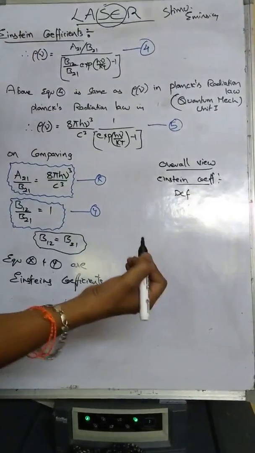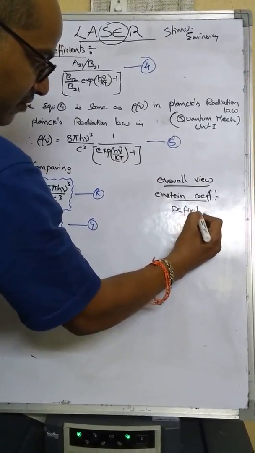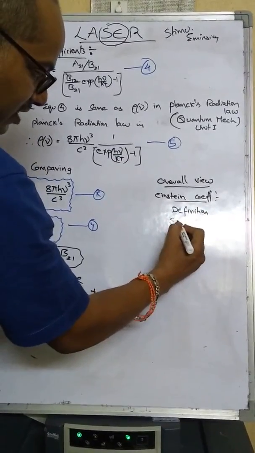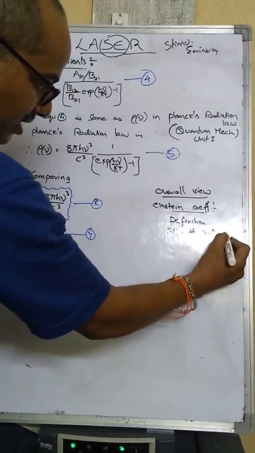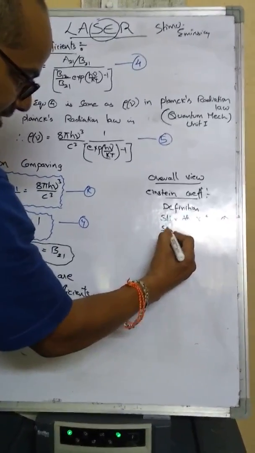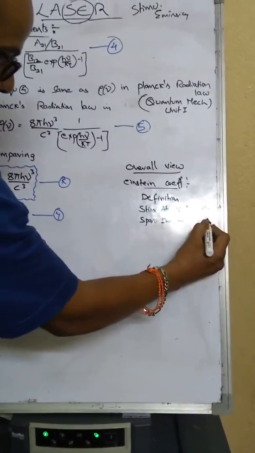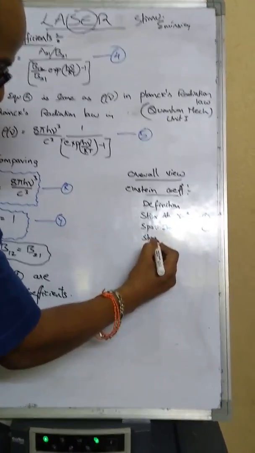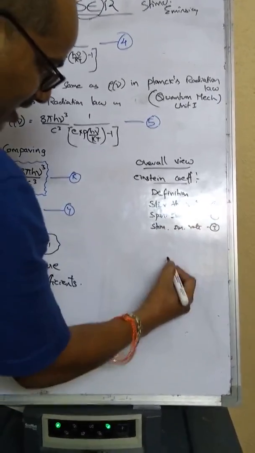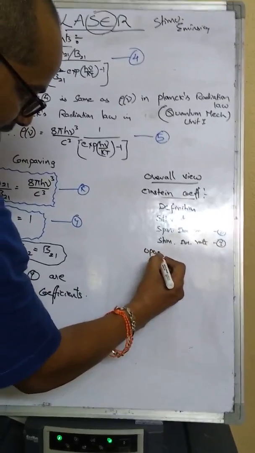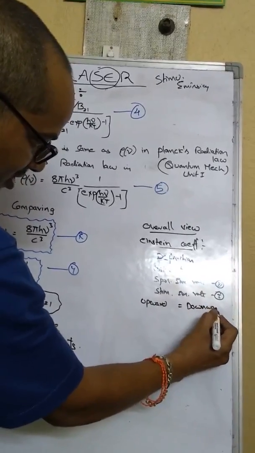You just refer to my video on the Einstein coefficients definition. We started with the stimulated absorption rate, which we call equation 1, then we calculated the spontaneous emission rate, equation 2, then the stimulated emission rate, equation 3. Then an important principle: upward transition is equal to downward transition.